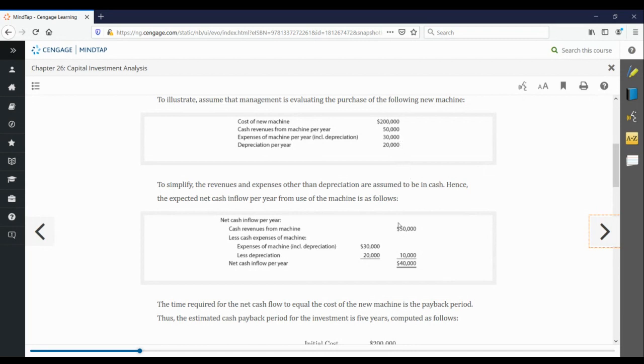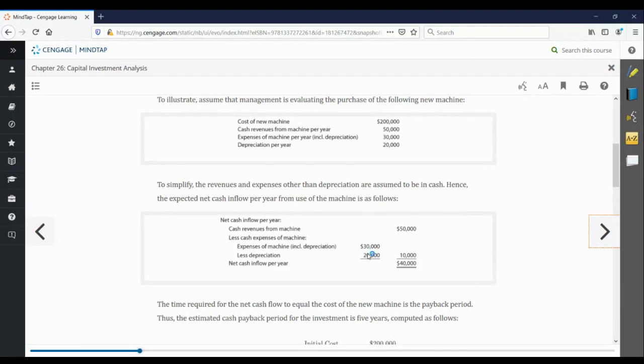In this case, the expenses of the machine was $30,000. We could possibly get this off of a potential income statement budget that they would do for that particular machine. And so what they're anticipating is that there are going to be some expenses of operating this new machine in this period of time. And it's going to include the depreciation for the machinery.